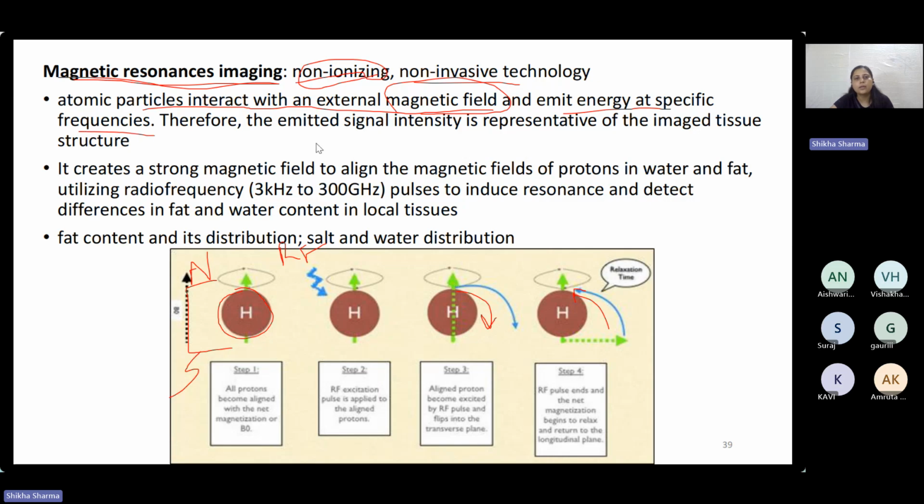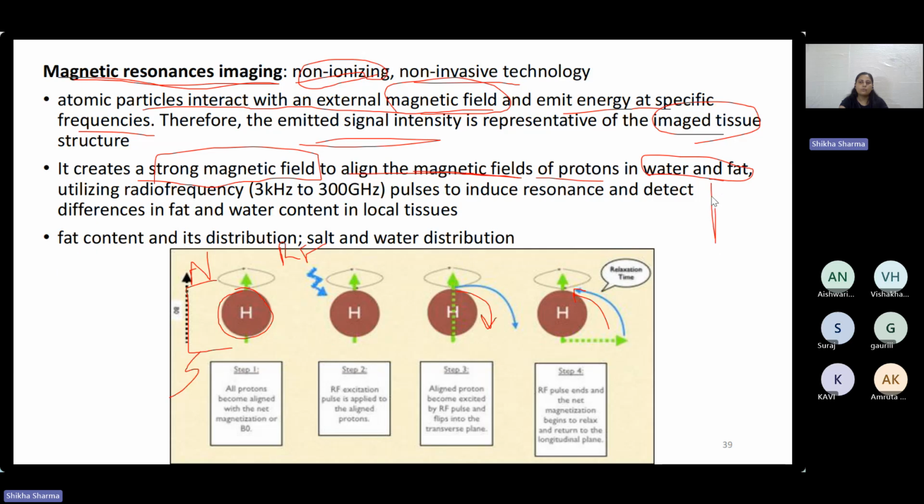That can be taken as emitted signal intensity, and images of that tissue can be made. It creates a strong magnetic field, so the protons present in the water and the fat in the food product will align.